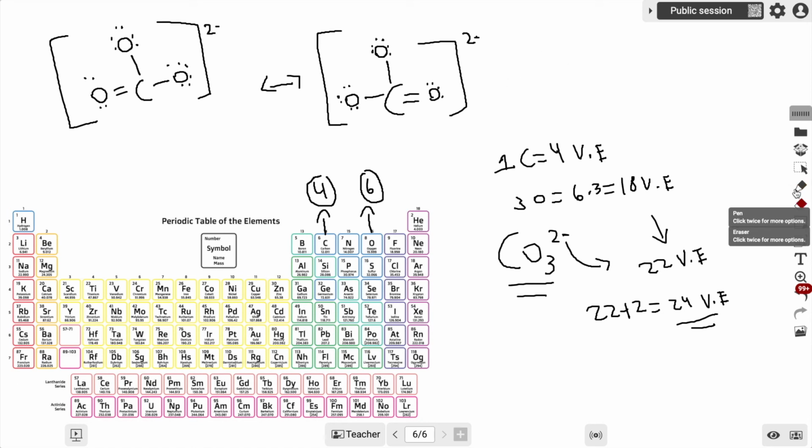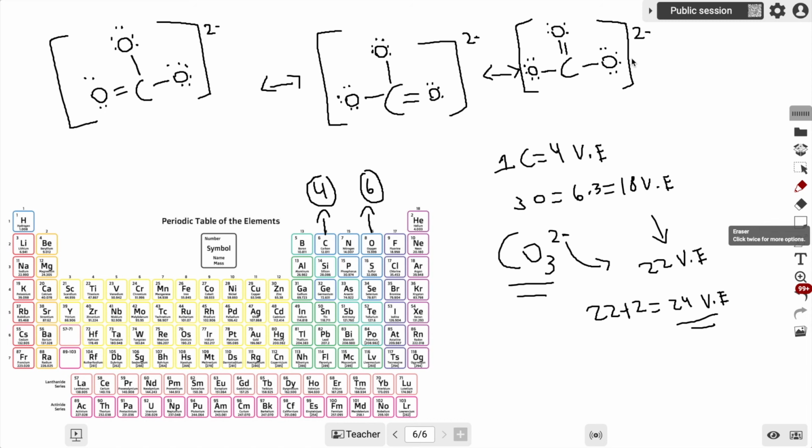We have another resonance structure with a double bond between this oxygen, which was the other one we were missing. So C and then this O. Here we go. Bracket with the 2- charge.